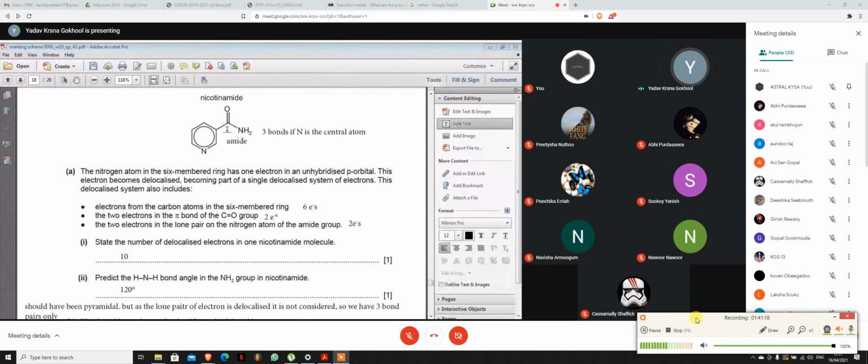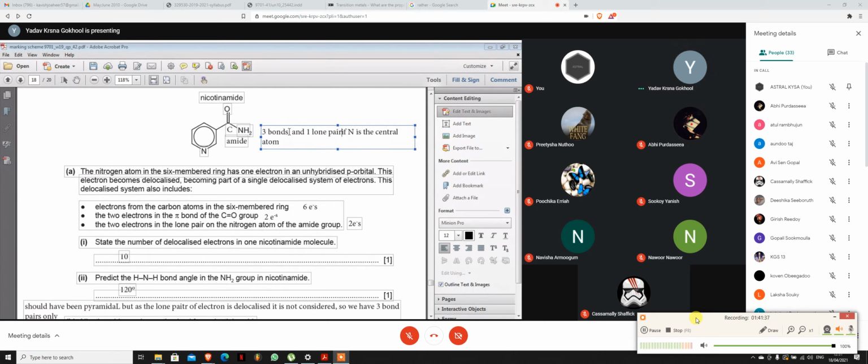So we have three bonded pairs and one lone pair. This is what we should have got.